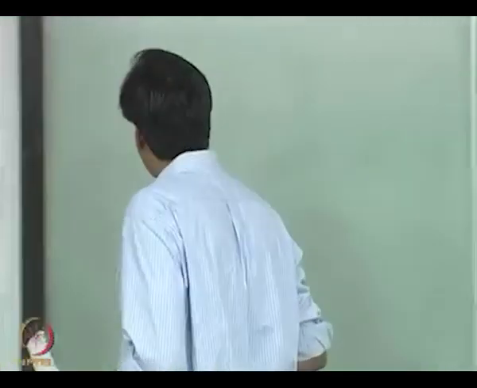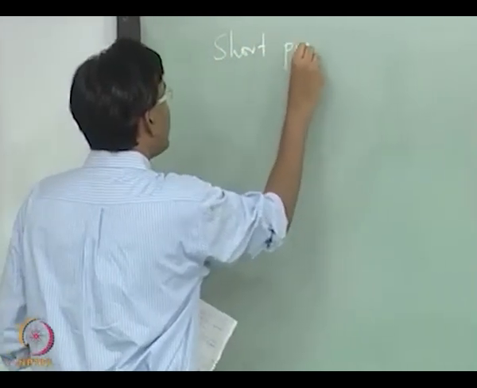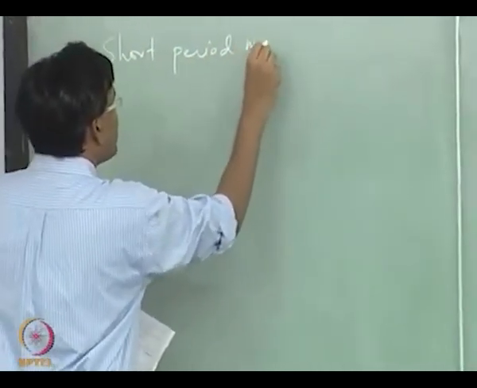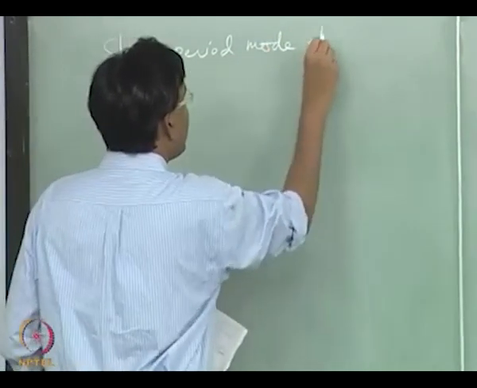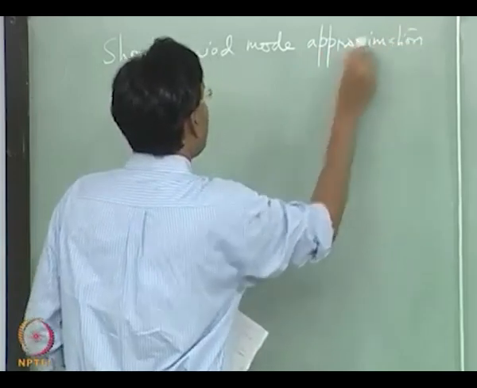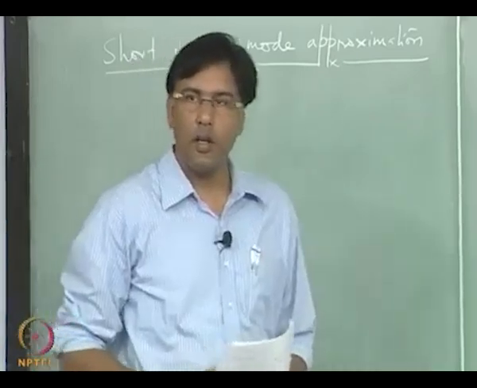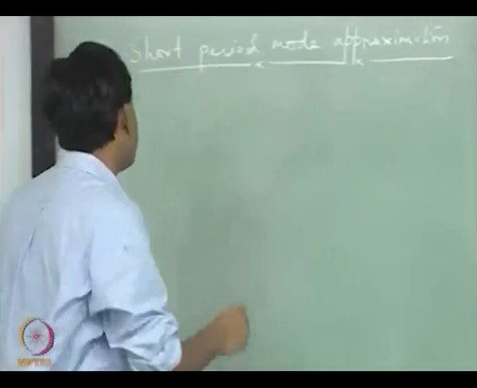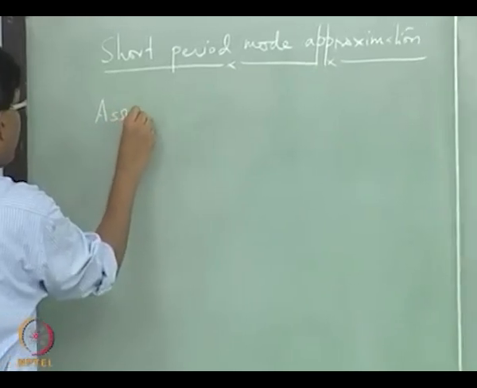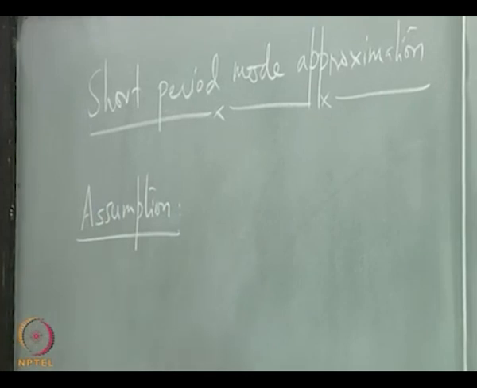So, here in the short period mode approximation, the assumption is that, remember, we are trying to come down to simpler models so that we can work something out analytically.